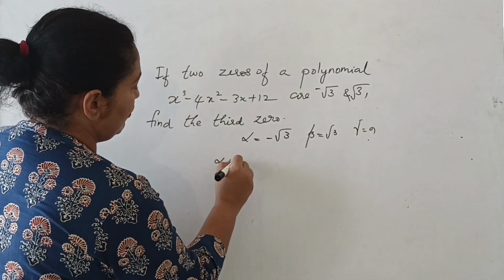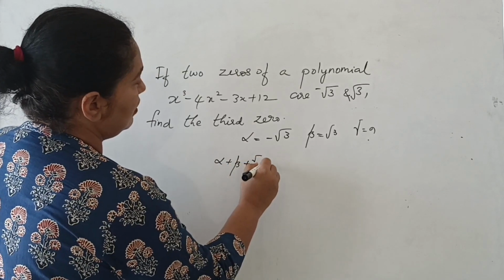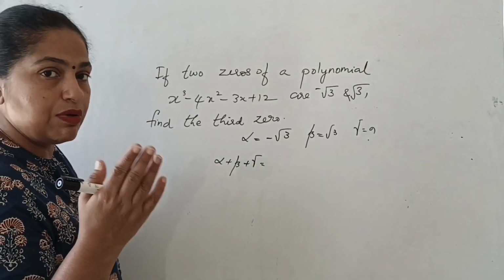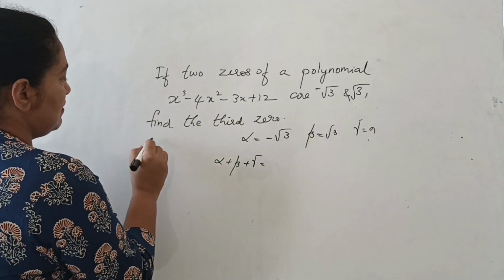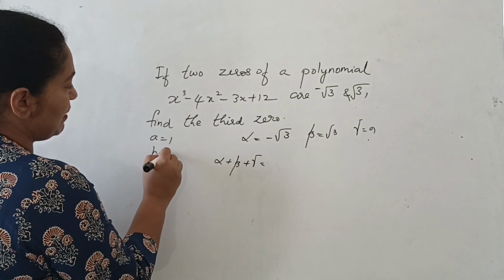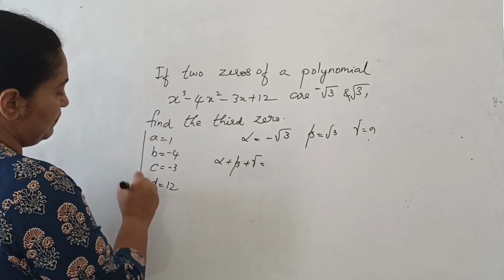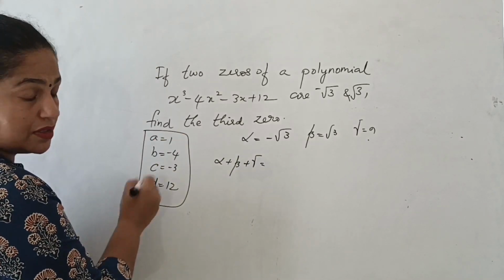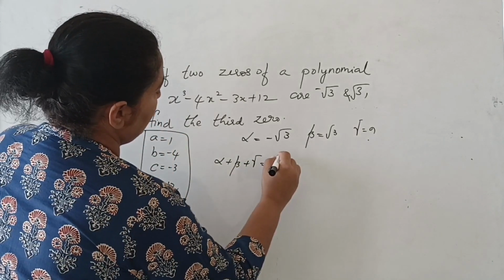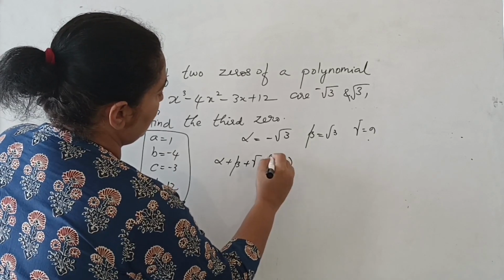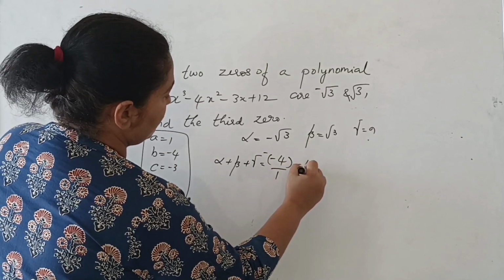So what is alpha plus beta plus gamma equal to? I know that it is equal to minus b by a. A is equal to 1, B is equal to minus 4, C is equal to minus 3 and D is equal to 12. Correct. Minus B by A will give me minus of minus 4 by 1, which is a plus 4.